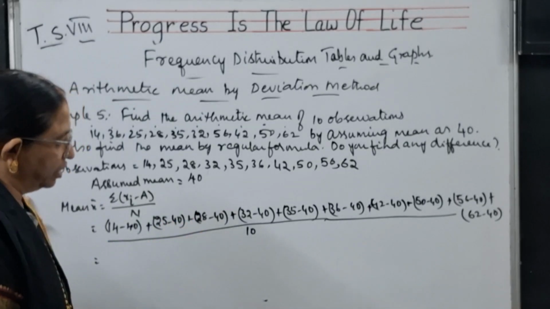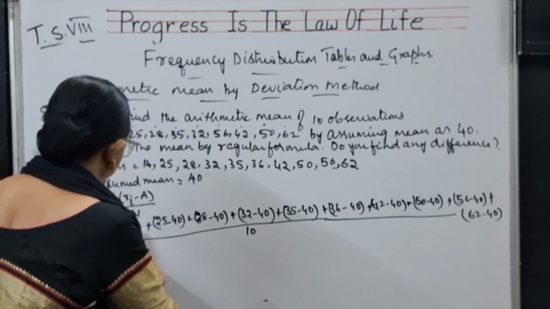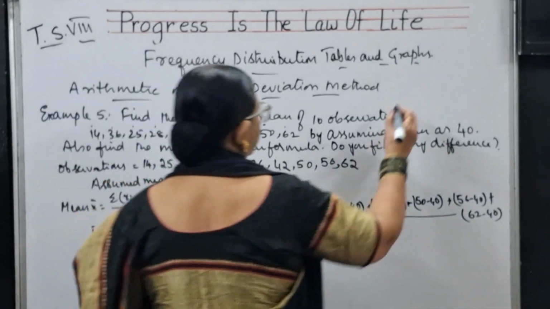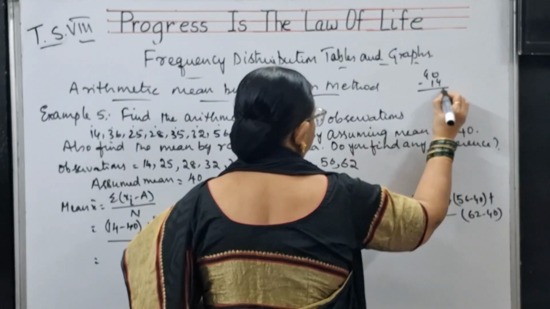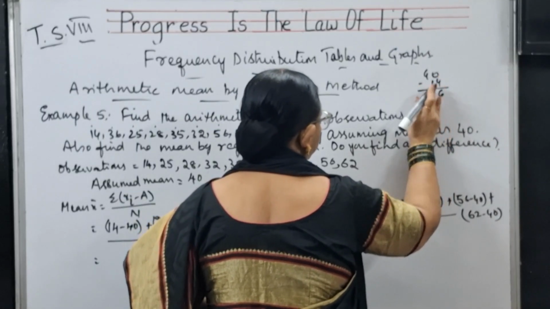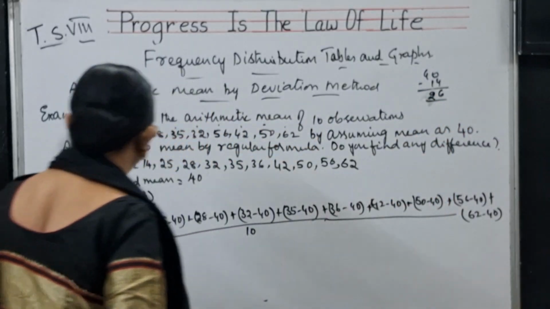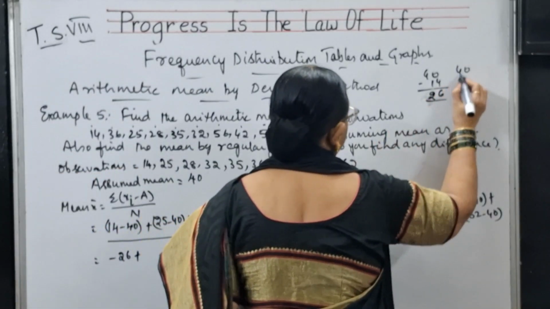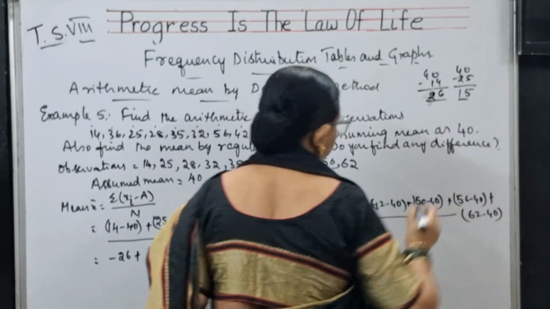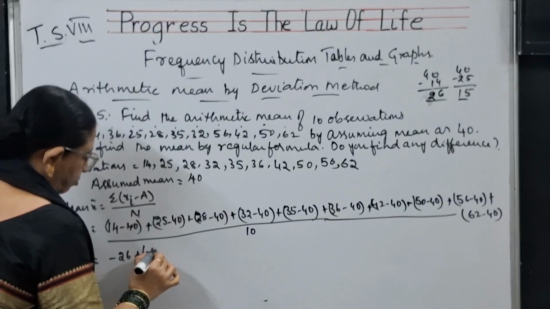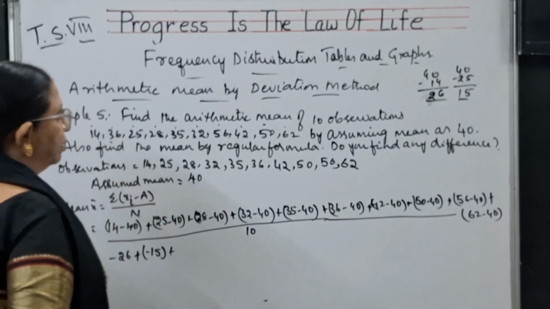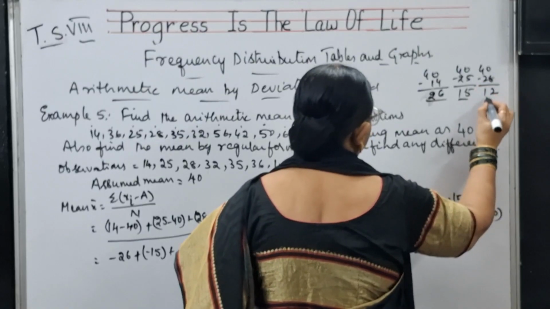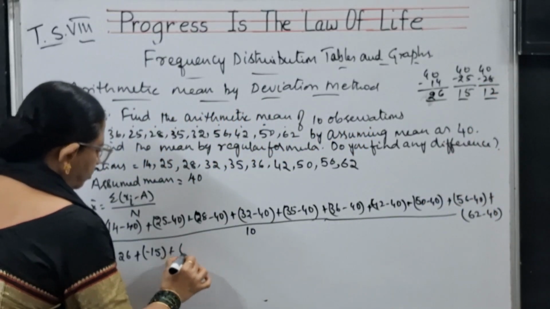Now the calculations. We will see the minus 40s. How many are there? 10 are there, no? 14 minus 40: if you subtract 14 from 40, you get 26, so it is minus 26. Then 25 minus 40 is minus 15, because the minus value is more. 28 minus 40 is minus 12.